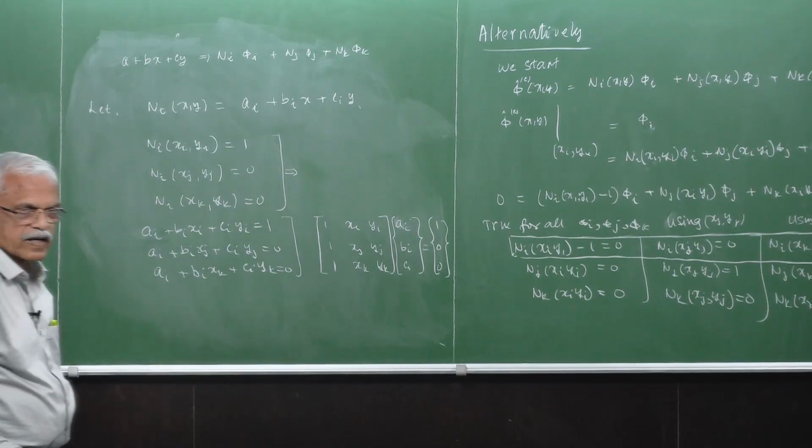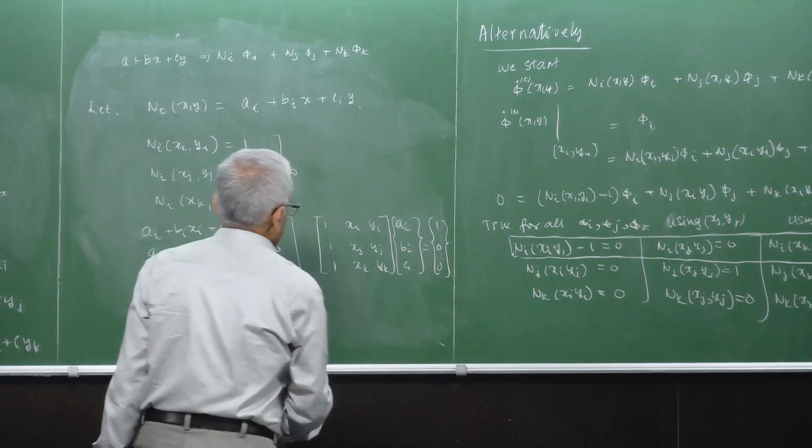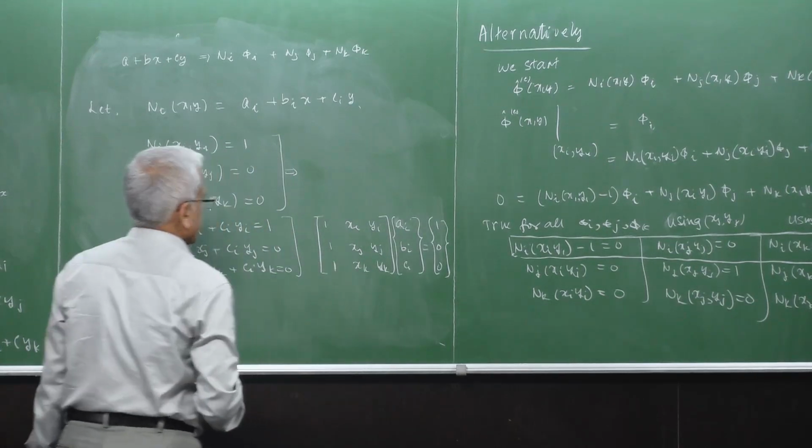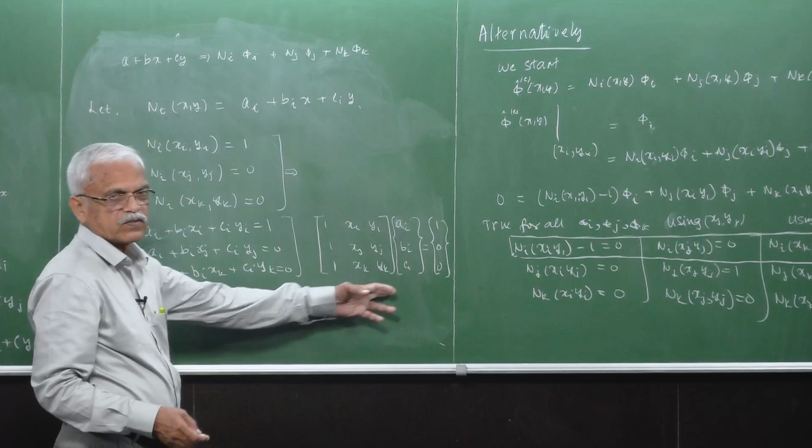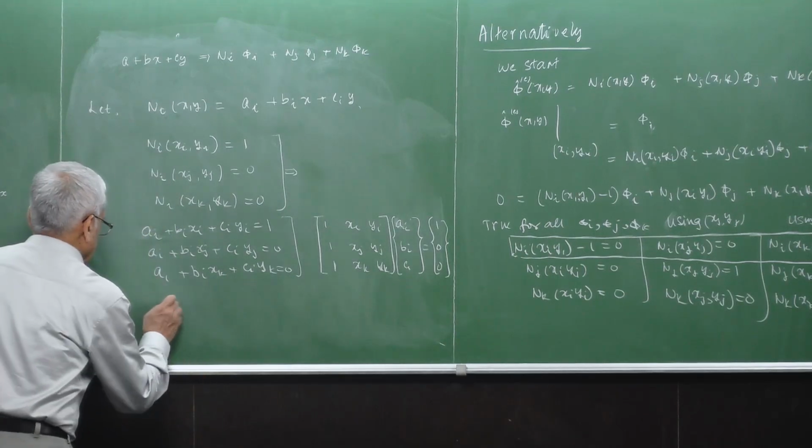So if you want to write ai, bi, ci, in fact if you want to write ai, you can use Cramer's rule.